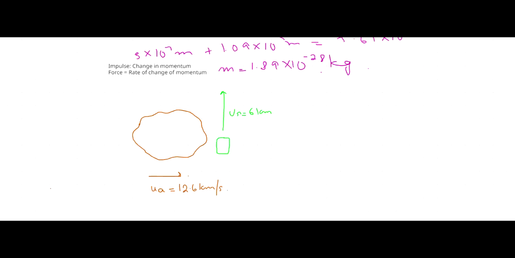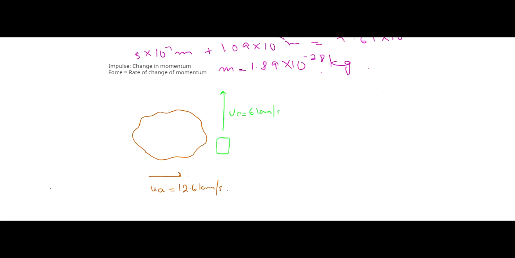So again, you can see that these are horizontal and vertical, right? So hence we say they are not at angles technically. It's not like they are traveling at 10 degrees to the horizontal or 20 degrees to the horizontal. They're completely horizontal and vertical. But since they are in completely different directions to each other, this is also considered as momentum in two directions or momentum in two dimensions.